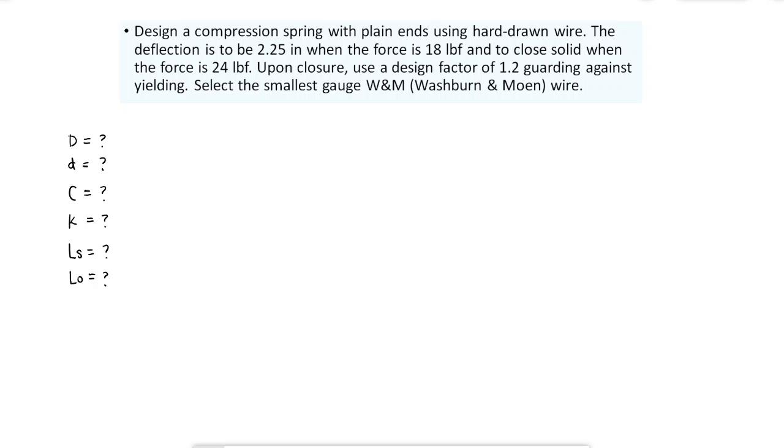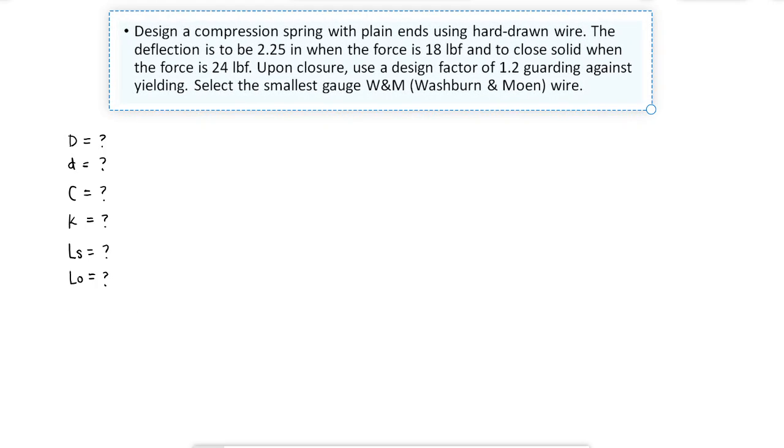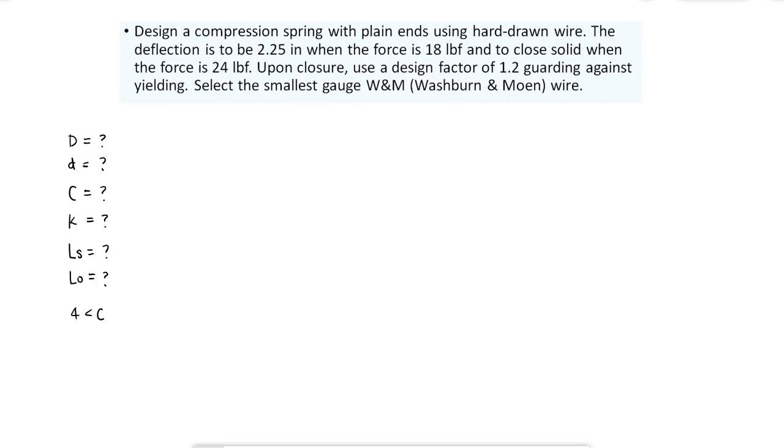And what we're gonna check to see if our design is good is, for example, that the number of coils is between 3 and 15, and that the spring index is between 4 and 12.